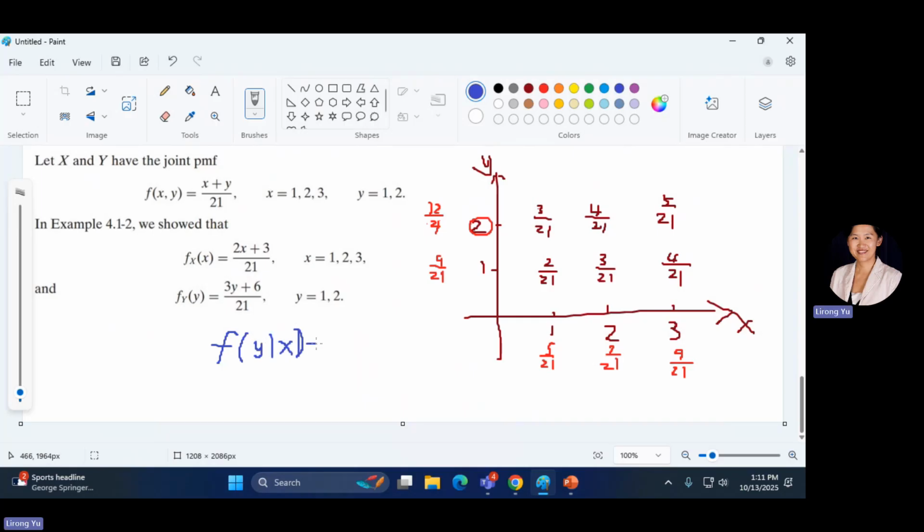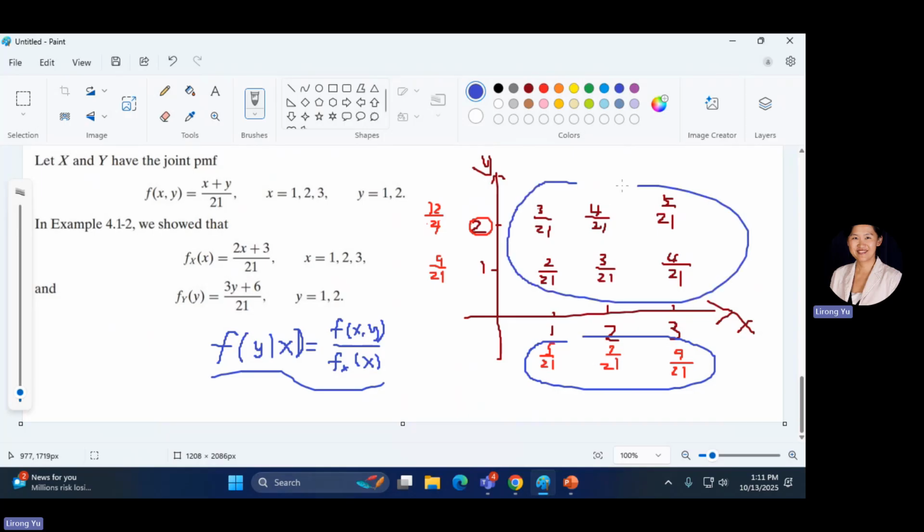What you have to do is take the joint distribution divided by the marginal distribution of f(x). That's how you create the conditional distribution of y given x. That means all these are going to be in the denominator of all these. So that really changes how it looks. For example, this is going to be divided by this.